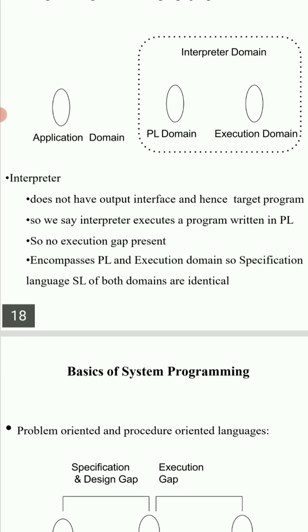The advantage of the interpreter is that it is simple, and you can interrupt it while it is running. क्योंकि यहाँ पे क्या है, जब भी एरर आता है at that time it will directly tell to the source because it will not wait for the whole execution. But compiler में क्या होता है, it will wait for execution of the whole program.